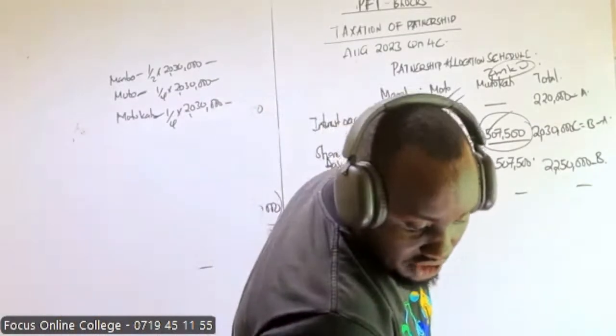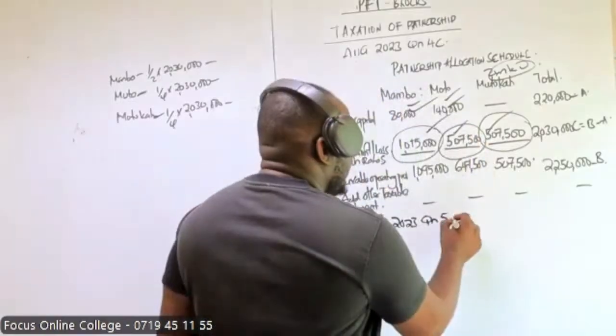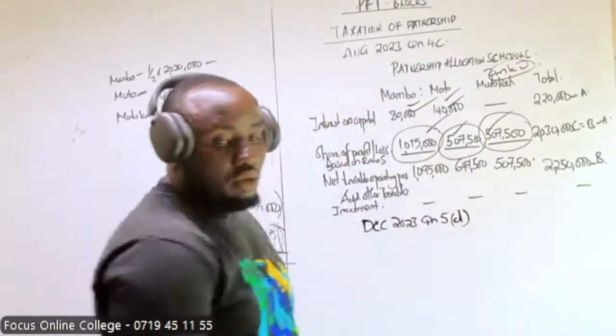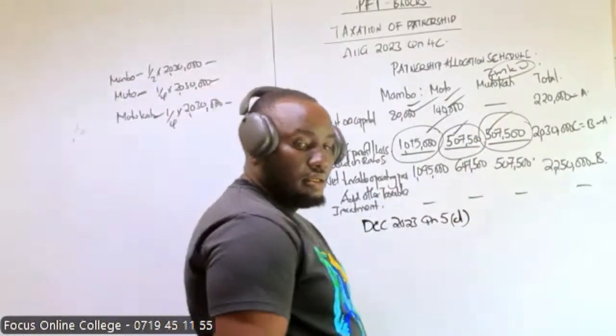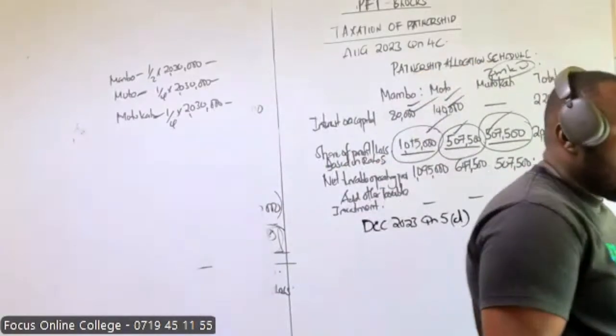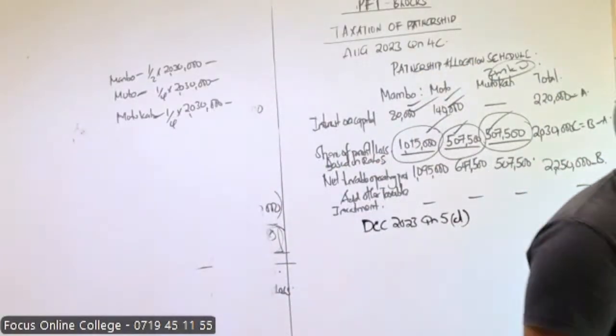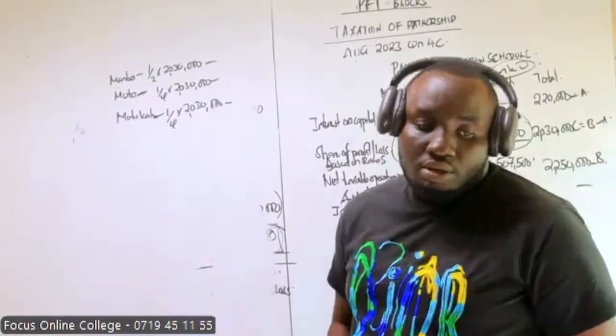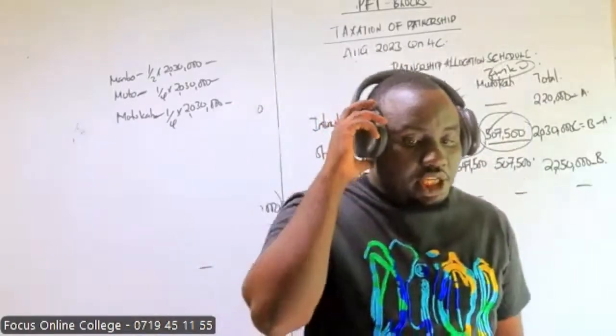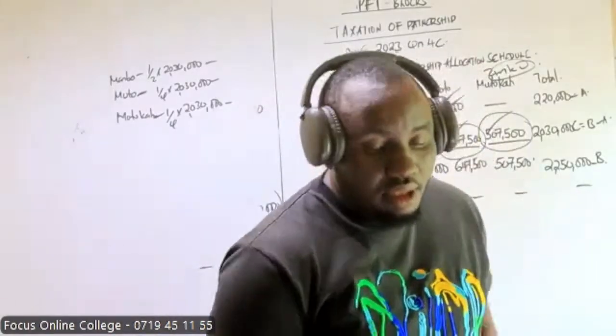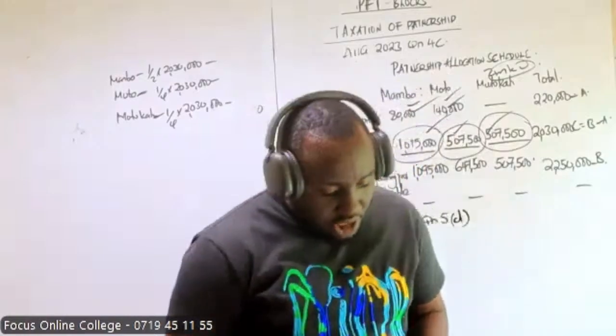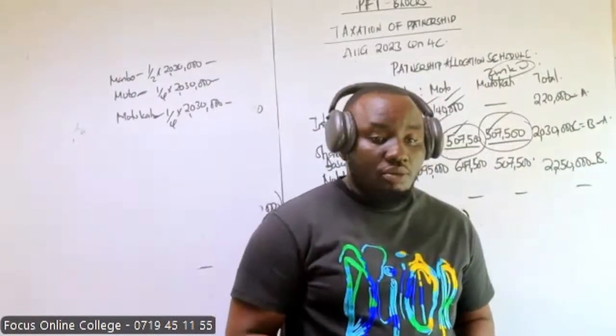We call it question 5D. Question 5D. So if you're there with it, we're told that James and Patrick are partners trading as Highway.